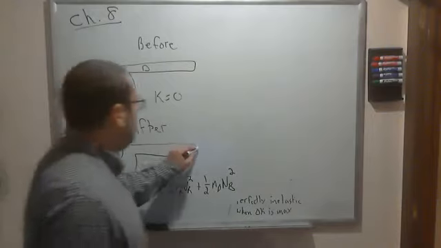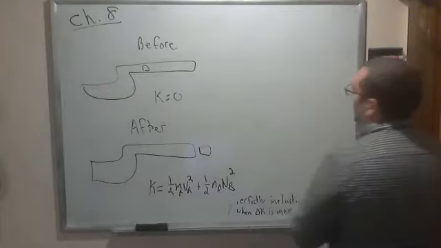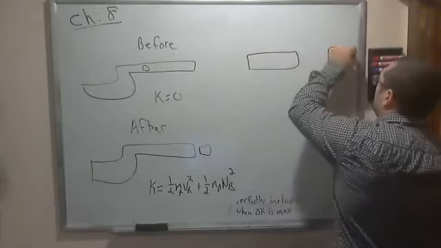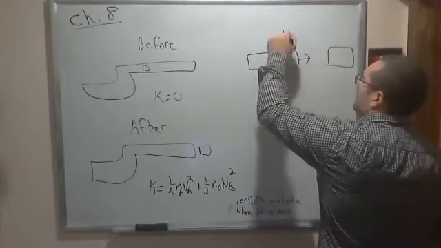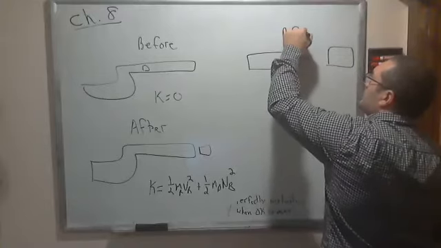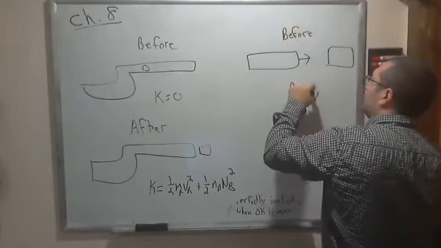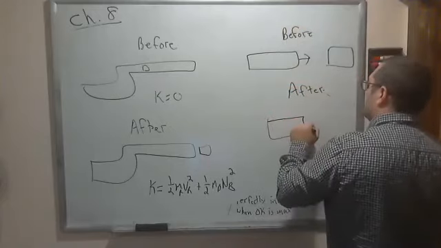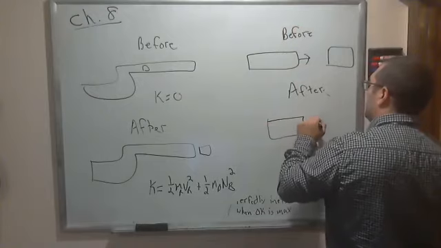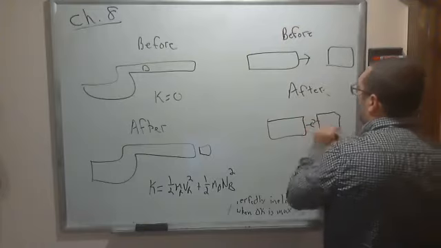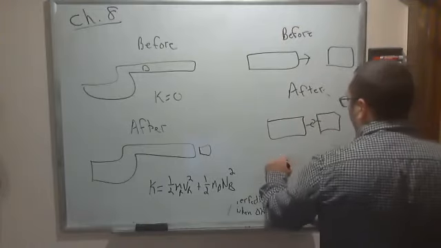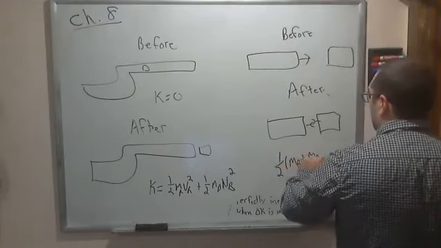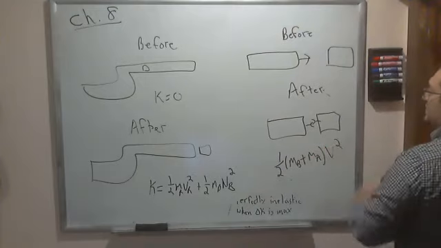The other system is the train cars, when they combine. This is also perfectly inelastic. And this is a little bit harder to see, but if you think about it, this is because of this velocity term.